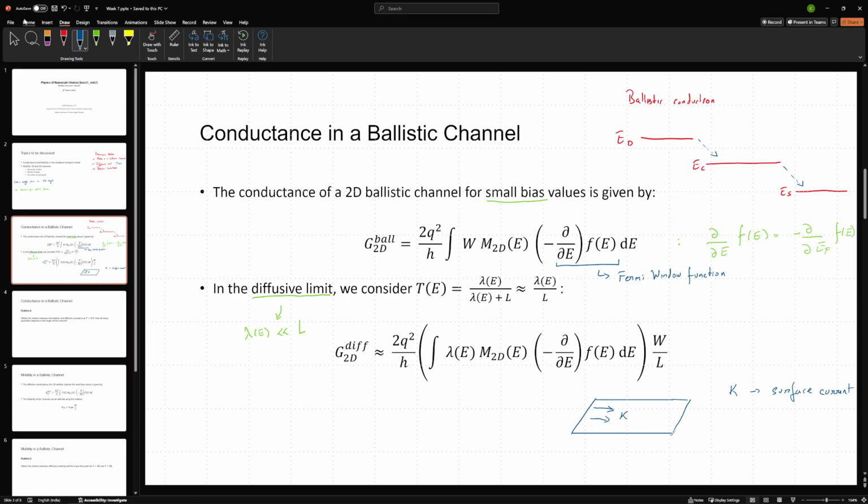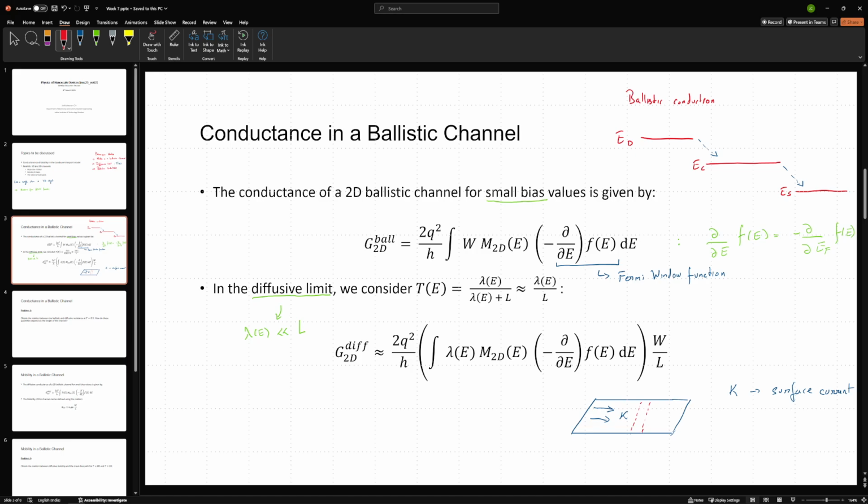If I consider a small area segment, then K is the amount of charge passing through this distance, through this small patch, per unit time.